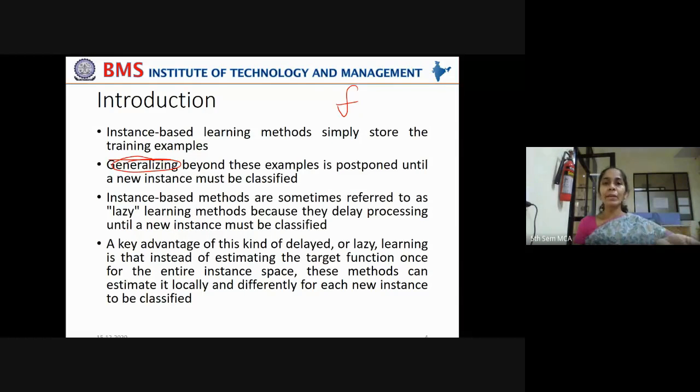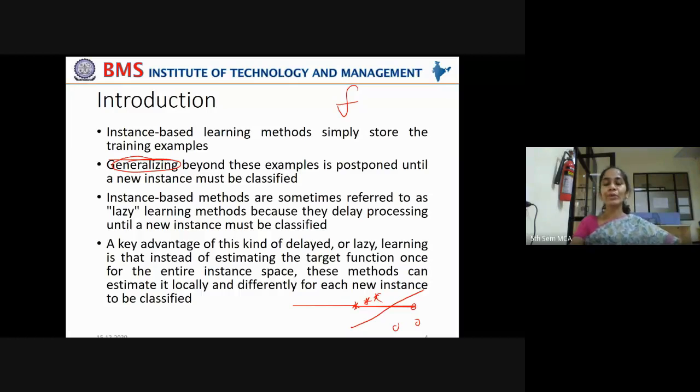Now when some new data point is given, it will try to compare that data point with all the training examples and classify that new data point as belonging to one class or the other. Say there are some data points like this, star points and circle points.